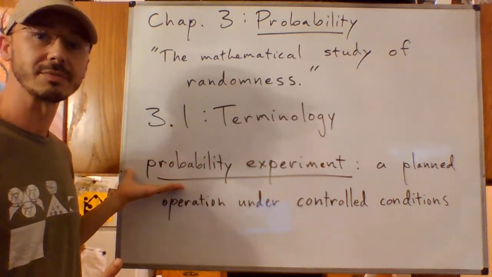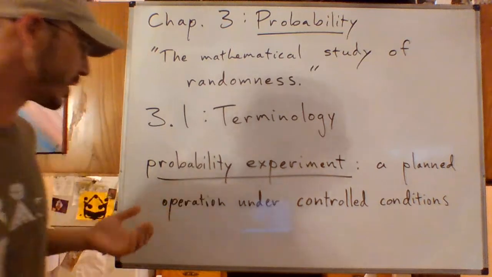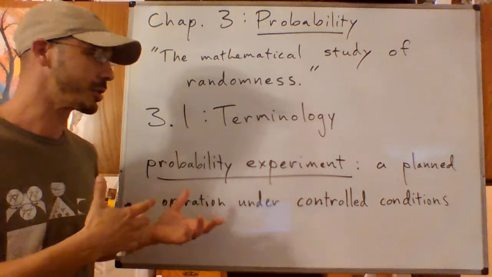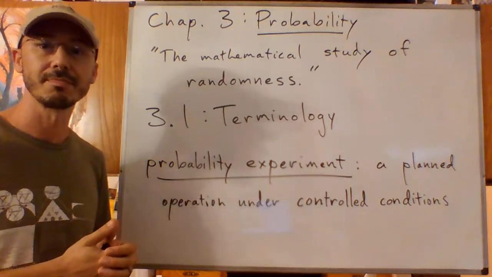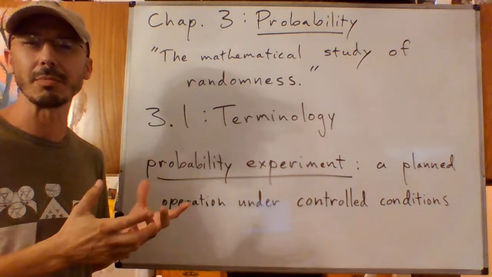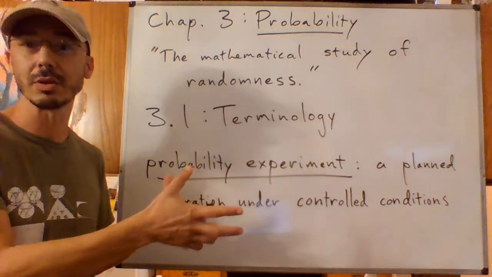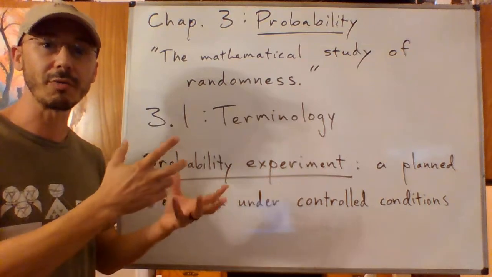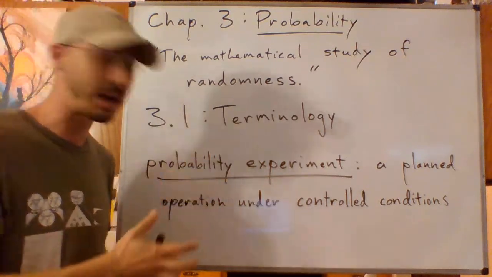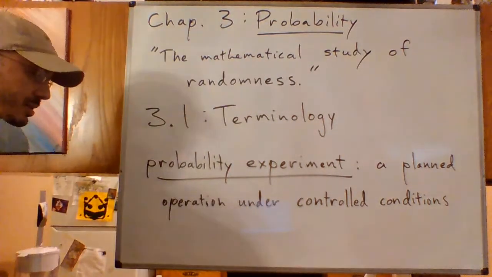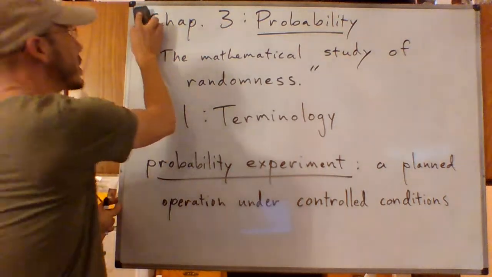A probability experiment is a planned operation that's carried out under controlled conditions. And it has an outcome that's not completely known, but we can hopefully say all of the possible outcomes. That's actually the next term that we'll look at.